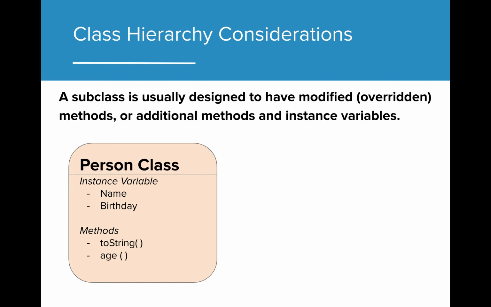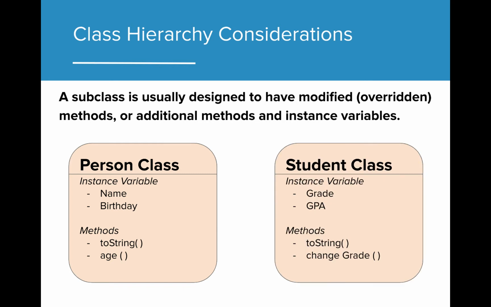The person superclass will have name and birthday as the instance variables, and may have a toString and age method. The student class would still need the name and birthday, but we will add grade and GPA to our instance variables. These are specific only to a student, so we add them in our subclass, not our superclass. Likewise, we may add a change grade method and modify the toString method with an override.